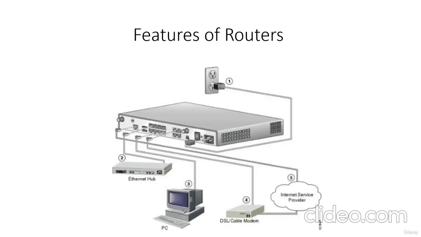So let's talk about the features of routers. It works on the network layer of the OSI reference model and communicates with neighbor devices on the concept of IP addressing and subnetting. The main components of routers are the central processing unit, flash memory, non-volatile RAM, and also network interface card and console.